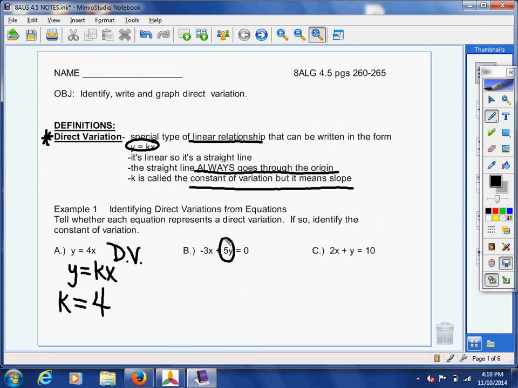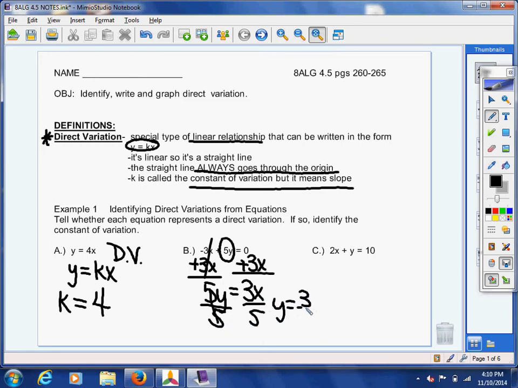We want to move negative 3x over to the other side. So if you said, let's add 3x to each side, you are correct. Now 0 plus 3x is 3x. And then last step, get y by itself, divide each side by 5. And you've got y equals 3/5 x.